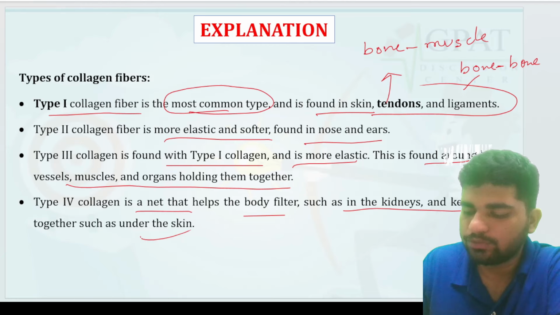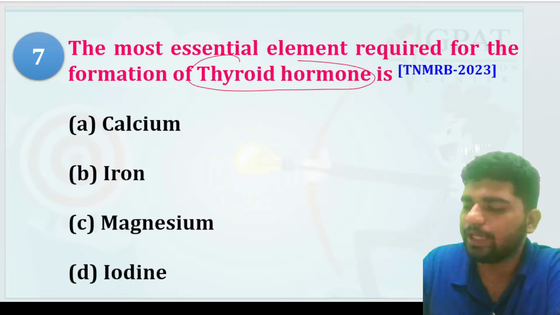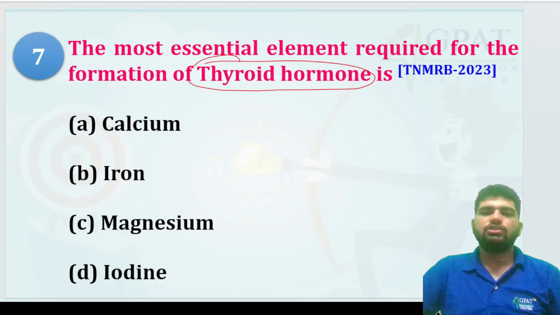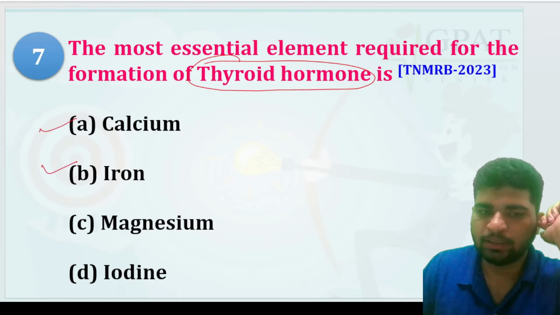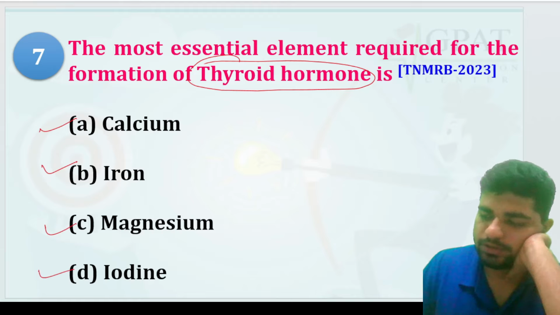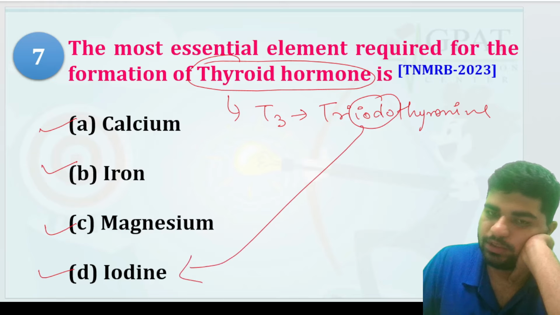The most essential element required for the formation of thyroid hormone. A very simple and basic question: is it calcium, iron, magnesium, or iodine? Thyroid hormone, that is T3, is triiodothyronine, and the iodo refers to iodine.